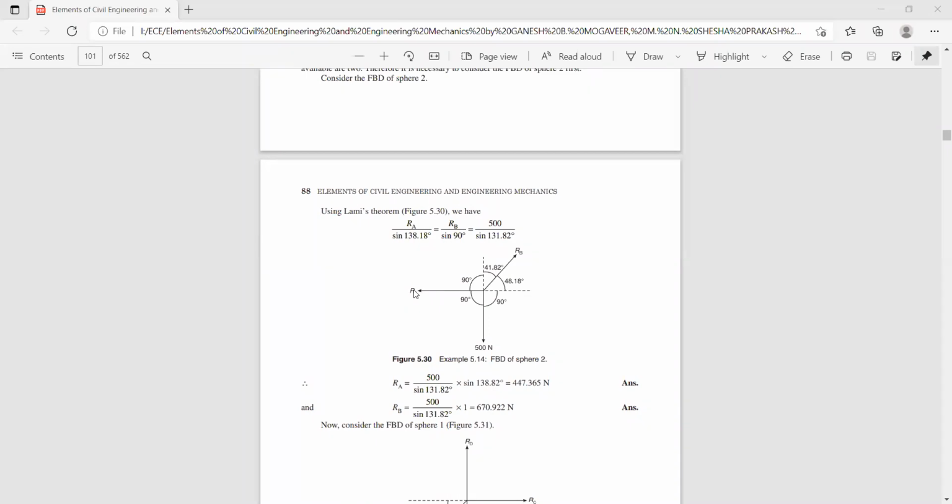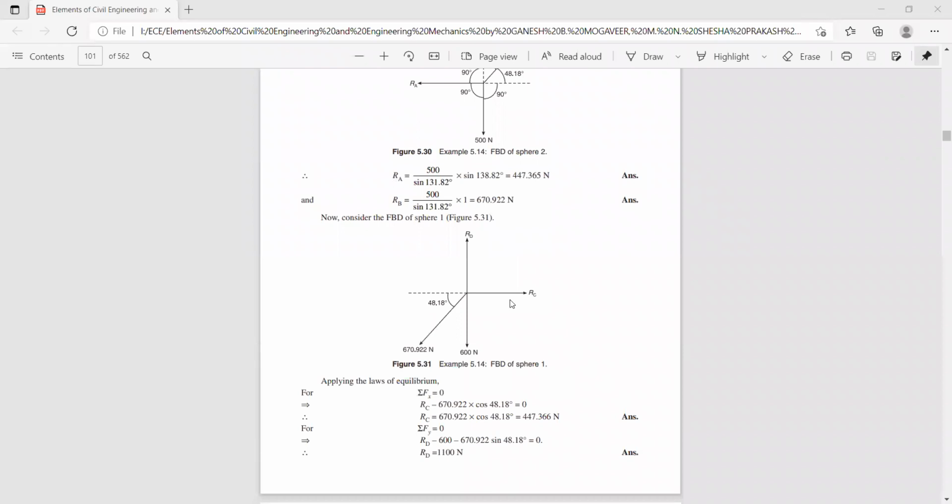And the angle between RA and RB is 90 plus 41 point something, the remaining angle. And the angle between RA and the 500 Newton force is 90 degree. So then you can use Lami's theorem and find out the values of RA and RB. So once you find RA and RB, you know them. At sphere P, you cannot apply Lami's theorem because you have four forces. One is RC, one is RD, one is RB.